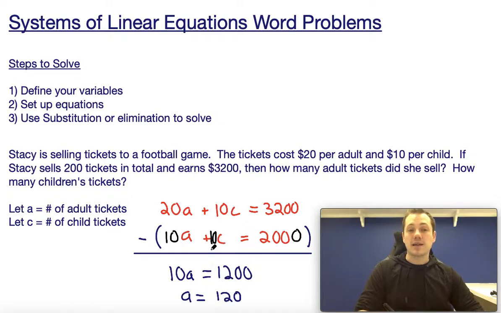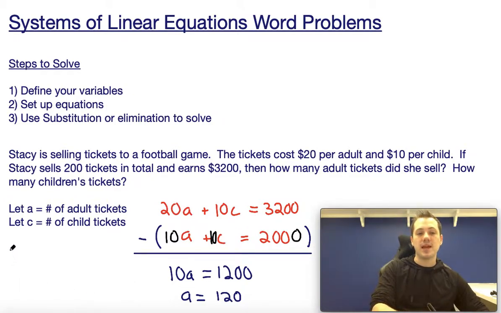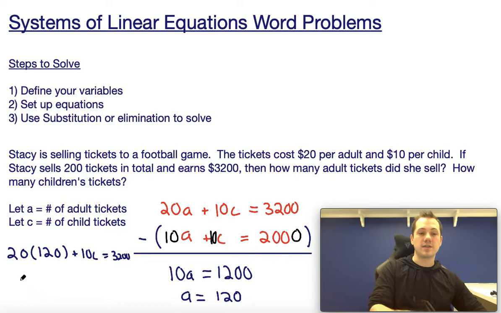Now, if I want to figure out the number of children's tickets, what I'm going to do is take this value and plug it back into either of these two equations. I'm going to choose to plug it into the first. So we would have 20, and now I'm replacing A with 120, so I'm going to put 120 in for A, plus 10C is equal to 3,200.